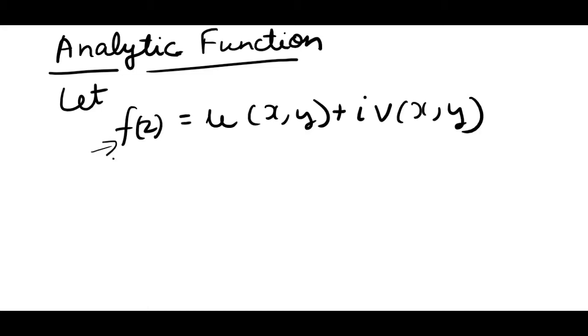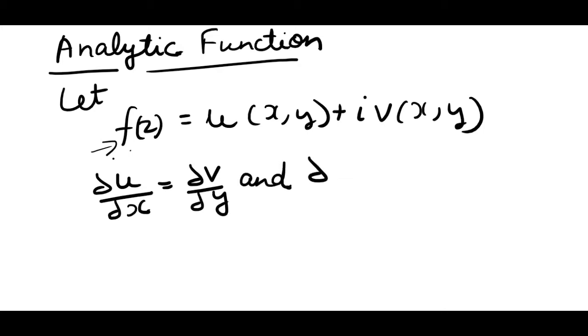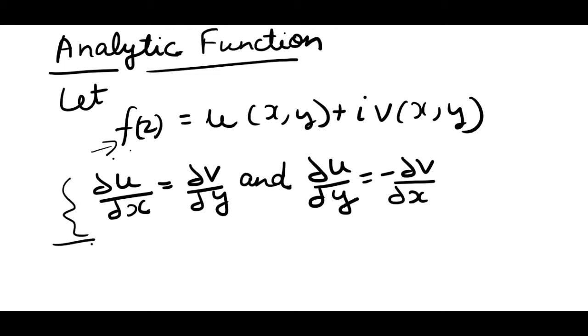This function is said to be analytic if it satisfies a necessary condition, which is: partial differentiation of u with respect to x should be equal to partial differentiation of v with respect to y, and partial differentiation of u with respect to y is equal to minus del v upon del x. This is the necessary condition for a function to be analytic, and this equation is known as the CR equation.